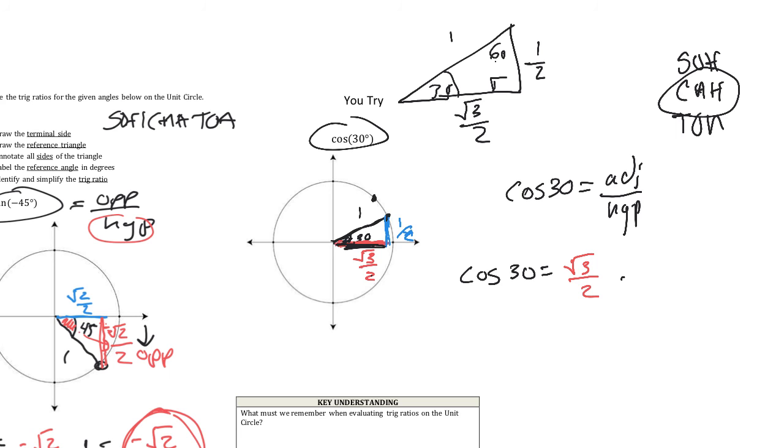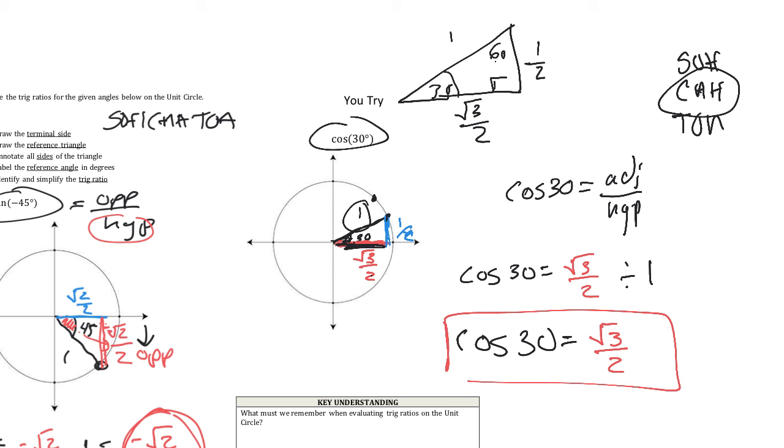And you'll notice a lot of times when we divide, the hypotenuse is just 1. So it's really easy. So cosine of 30, anything divided by 1 is itself. So cosine of 30 is just square root of 3 over 2. So if you put square root of 3 over 2 in your calculator, it's 0.86 something. It goes on forever. So if you type in cosine of 30 on your calculator, you'll see it's 0.86. So we just figured out the answer using that unit circle.